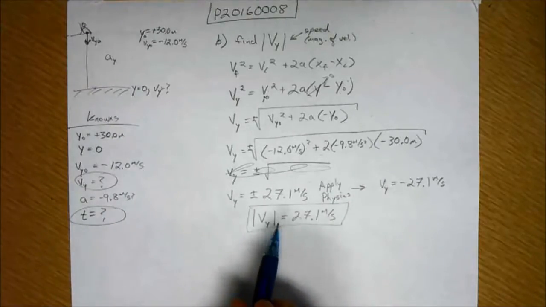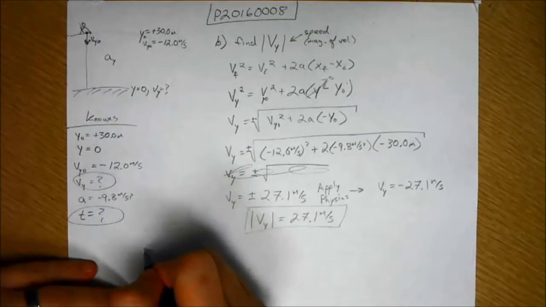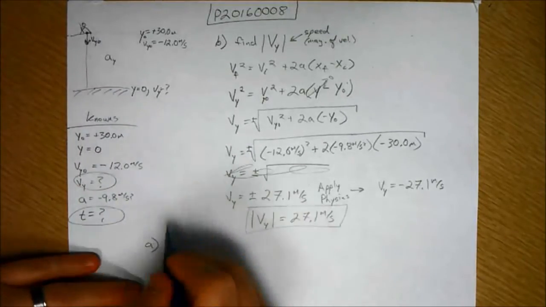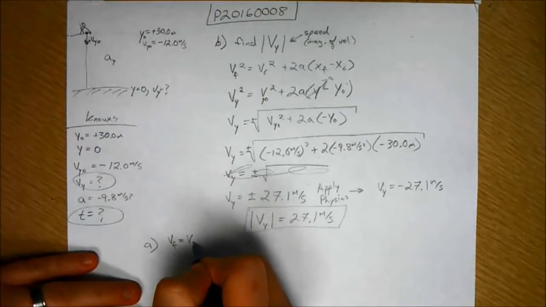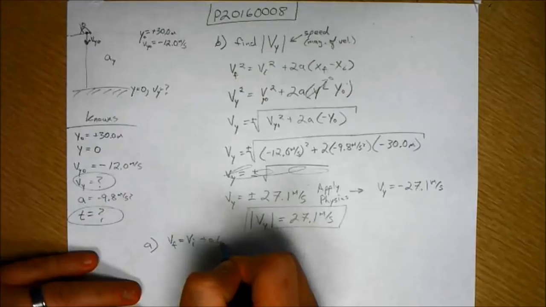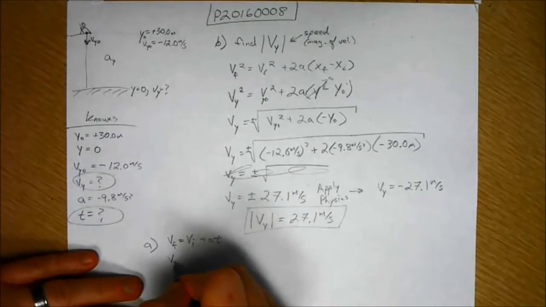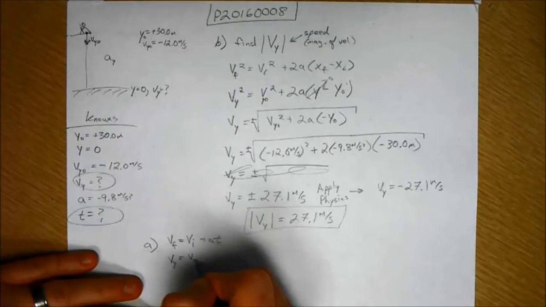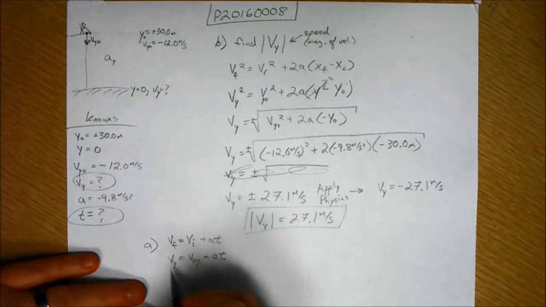Now that we have this velocity, then it's really easy to find the time. Because we'll just look at our kinematic equations. We have the simplest of all of them. So Vy is equal to v0y plus at. We can solve this for t.